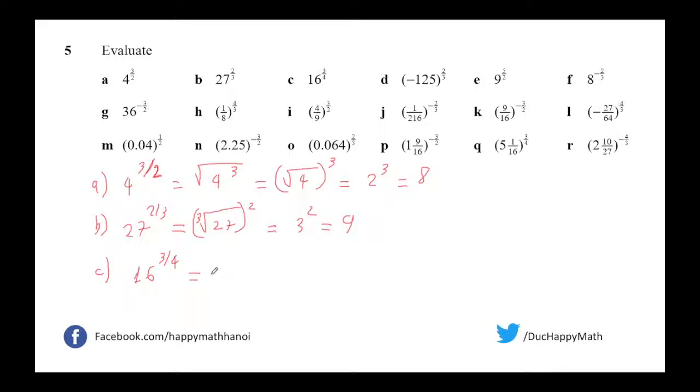Next, 16^(3/4): the 1/4 inside the bracket and 3 outside. The 1/4 means the fourth root of 16, with 3 outside, so you have 2 to the power of 3, which is 8.